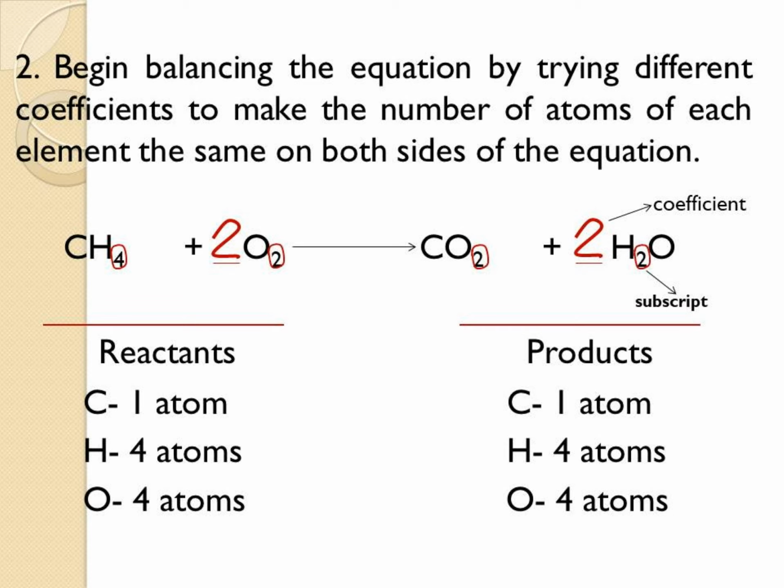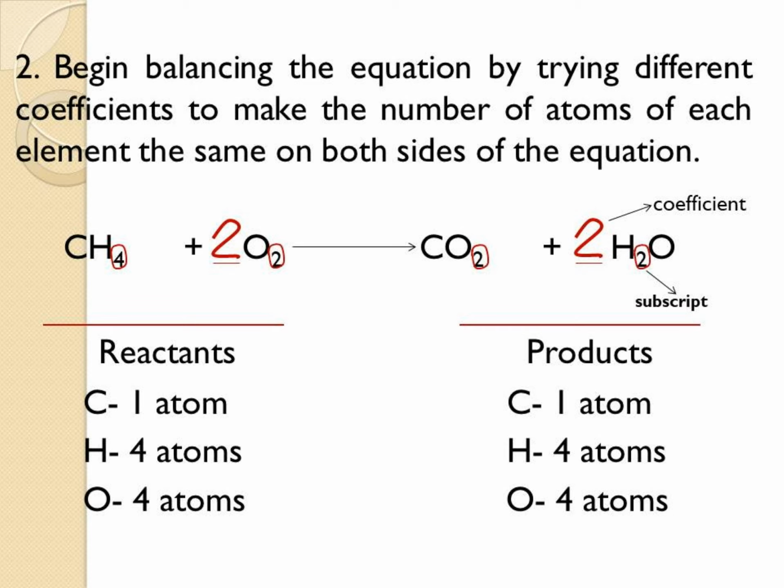For the hydrogen, the reactant side has 4 atoms, indicated by the subscript 4. On the product side, originally, because H2O has a subscript of 2, there are only 2 atoms.